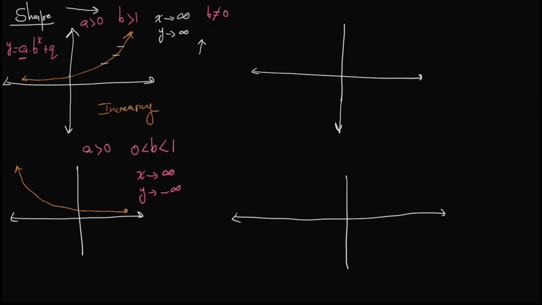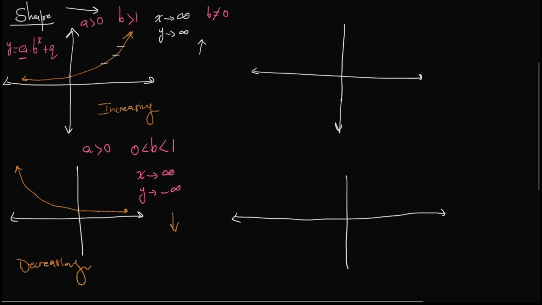This means that this is a decreasing exponential function. The simple way of looking at it is that this graph keeps on decreasing, so y keeps going down and is approaching negative infinity.